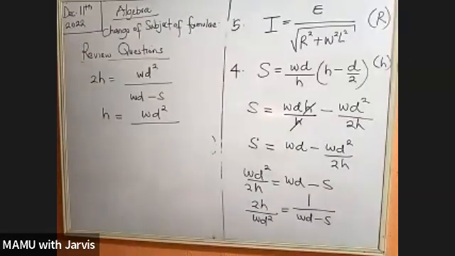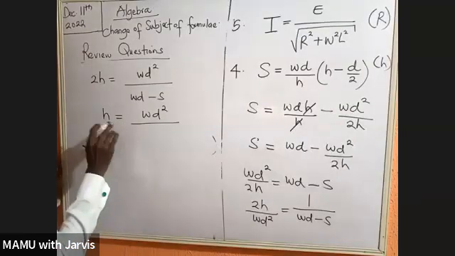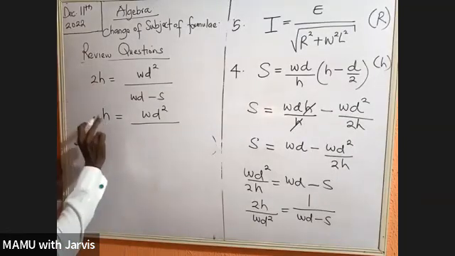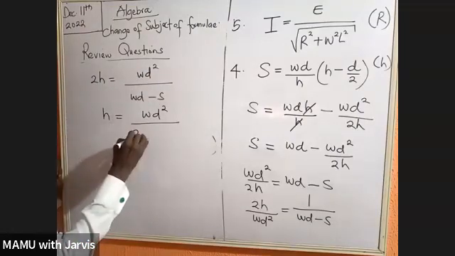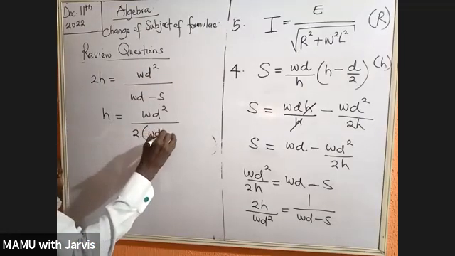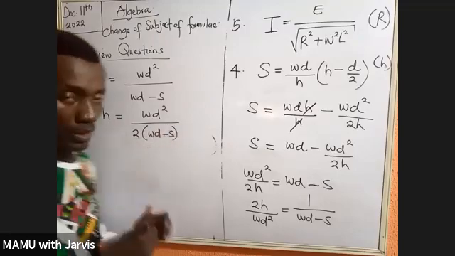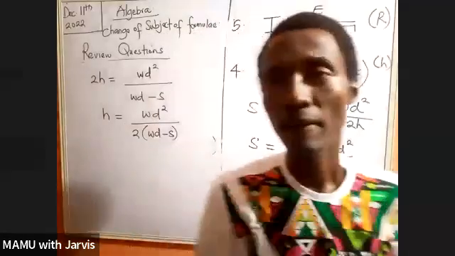So what you notice is that this 2 is multiplying h, so to divide the left hand side, it will be 2 into wd minus s. Is that what you got? Wait, 2 WDS? Oh, I think what I got was just completely different.